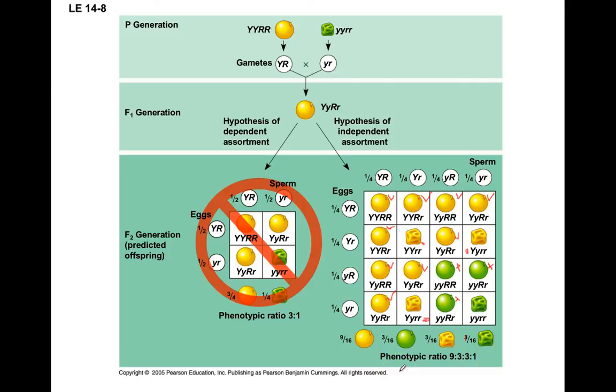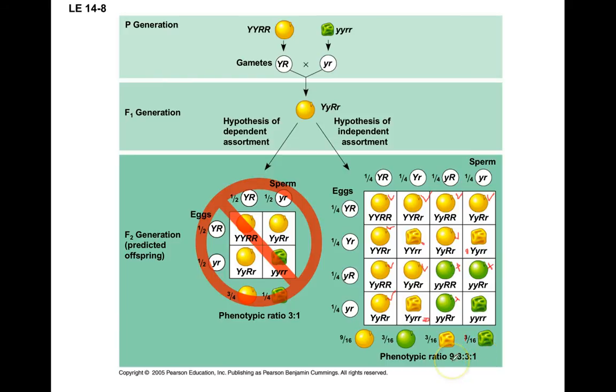So in a dihybrid cross, the phenotypic ratio would always be 9 to 3 to 3 to 1. 9 will be both characters dominant, 3 will be one dominant, other recessive, and other 3 will be one recessive, one dominant, and only 1 will be both recessive.